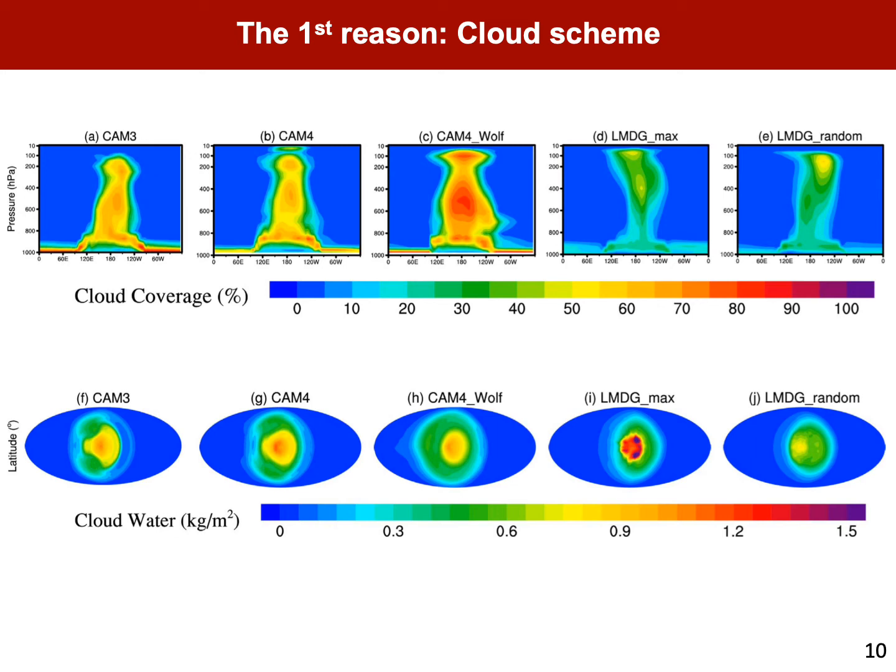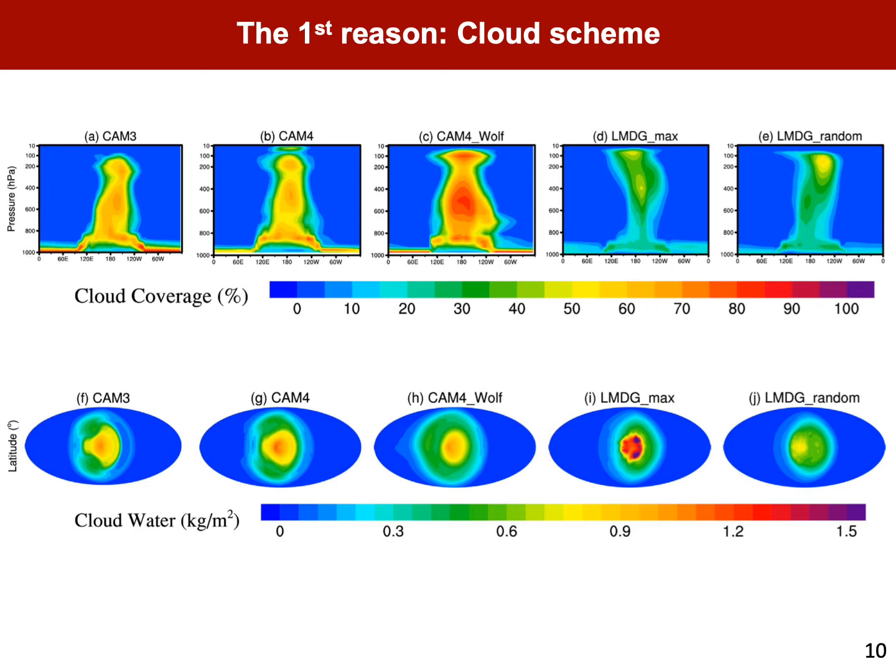The upper panel shows the cloud coverage between different models. The lower panels show the cloud water path between different models. In all these simulations, there are strong convective clouds over the substellar region. So this type of planet has a high planetary albedo.